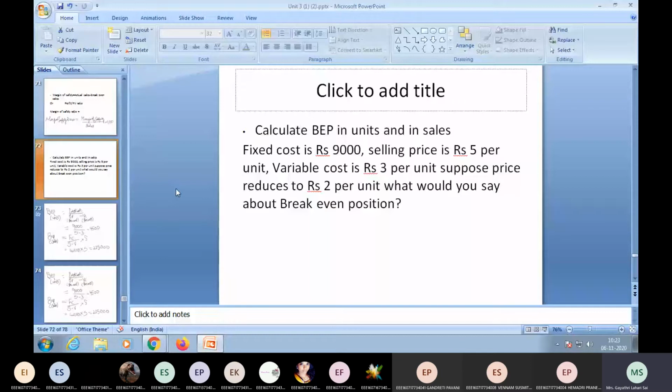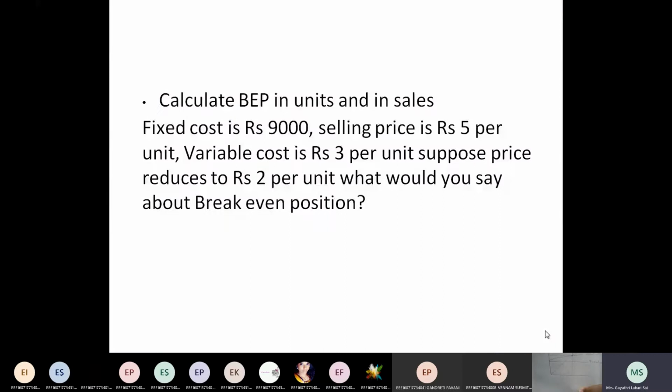Calculate the break-even point in units and sales if the fixed cost is rupees 9,000, selling price is rupees 5 per unit, variable cost is rupees 3 per unit.